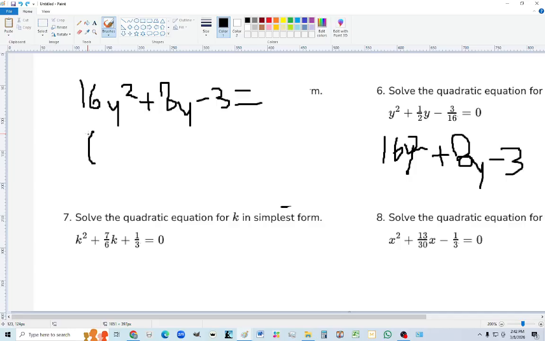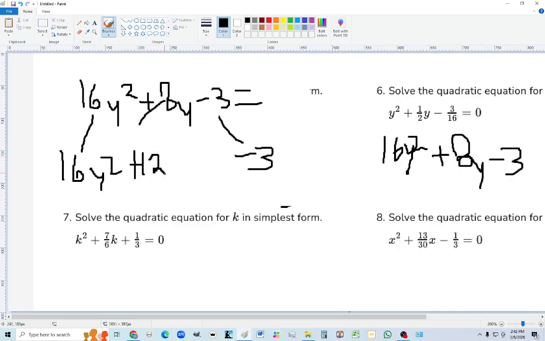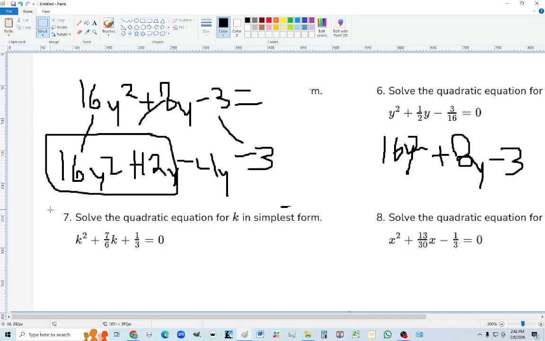So what you do when you group is 16y squared stays there. Minus 3 stays there. This middle plus 8y gets divided into the two terms we discovered, plus 12y minus 4y. Then you focus on 2 at a time. What do these two numbers and y's have in common?